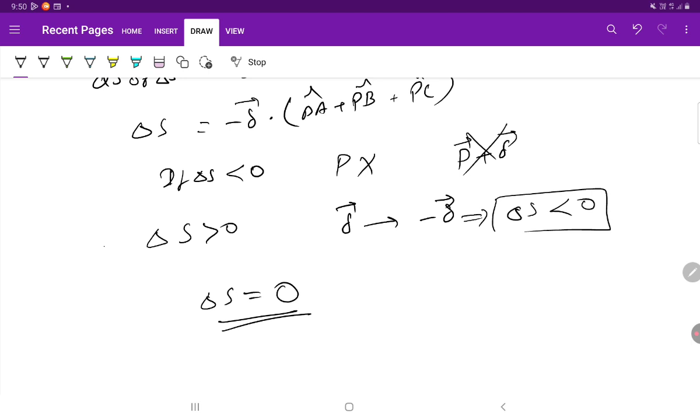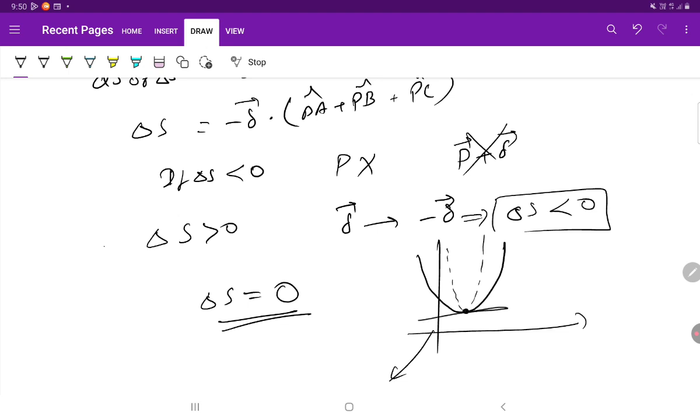So if we take the dot product of PA cap plus PB cap plus PC cap with a random, very small delta vector, then delta S should come out to be 0. It means that if we consider a 3D space, and this may be the curve, suppose it's like this, here it will be the minima, and the tangent at this point would have slope equal to 0.